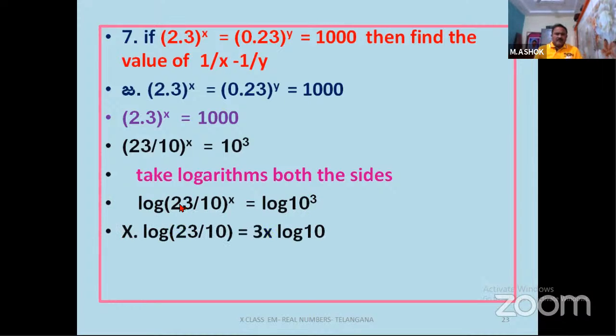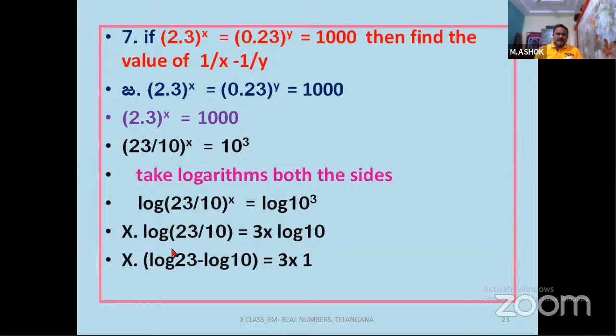Now basing on the power rule formula, it is now x into log 23 by 10 is equals to, so the cube is there, so it is now 3 into log 10. Now x into log 23 by 10 means log x by y formula, the quotient rule we have discussed.